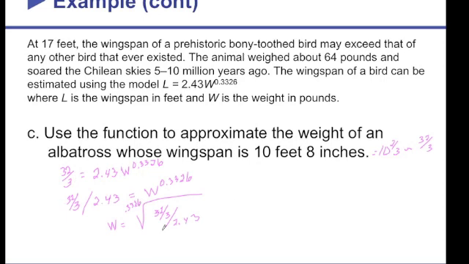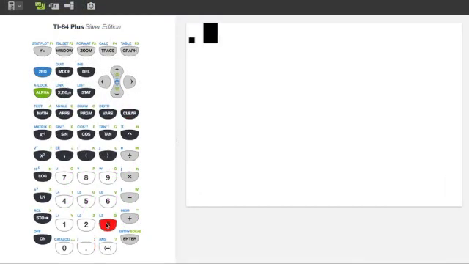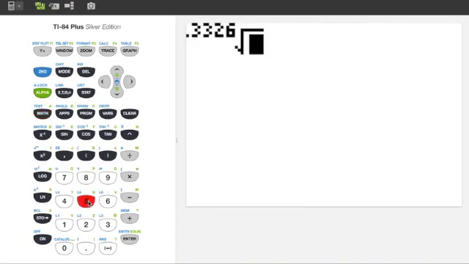Now, as I go to my calculator, this is going to disappear, but I'll show you how to use your calculator to find this. We want to take the 0.3326 root, and what I'm going to do is go to Math, and come down to number 5. So I'm going to find this root. So see, it's finding the root.